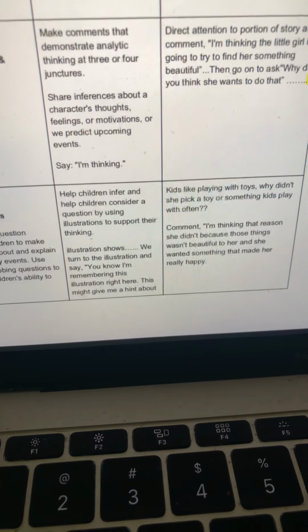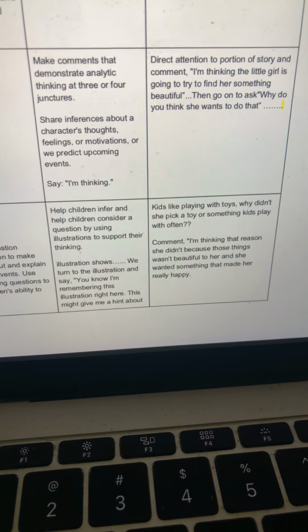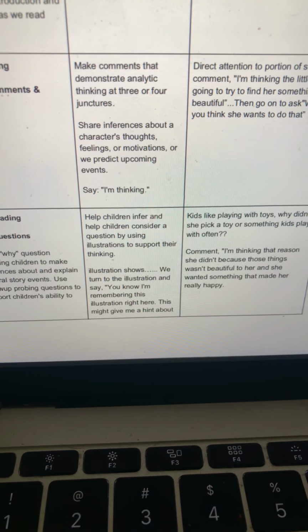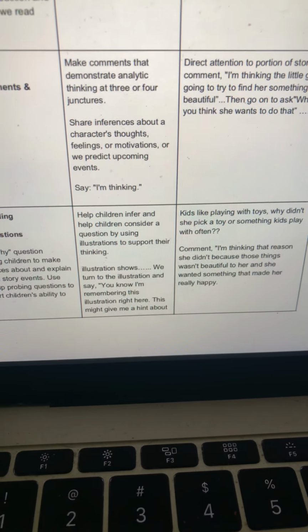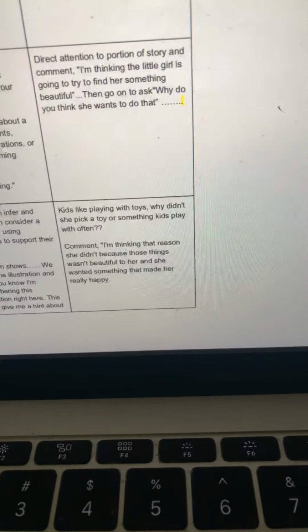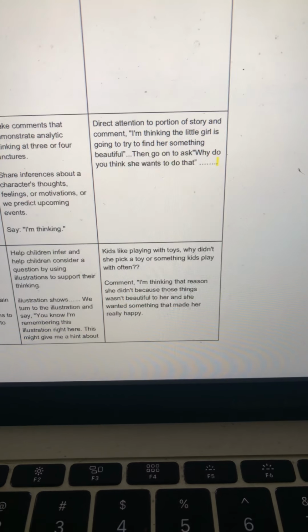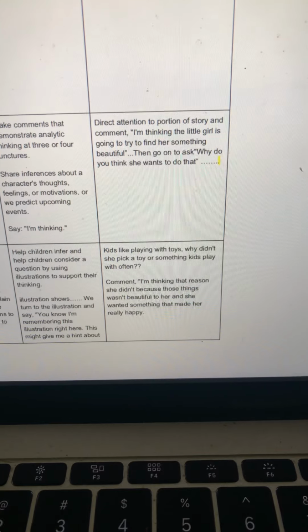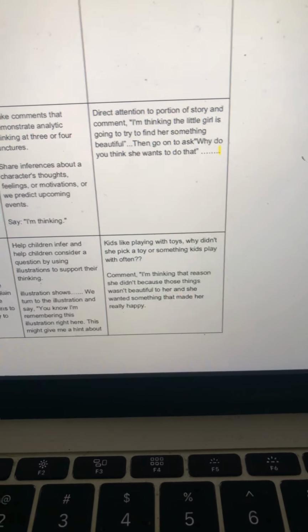The illustrations often show us that we can say what I'm remembering from this illustration right here. You can refer to those illustrations without ever going back and referring to the words in the story. So you're teaching children that the illustrations in the book support the language in the book, and the language in the book will also support the artwork in the book.